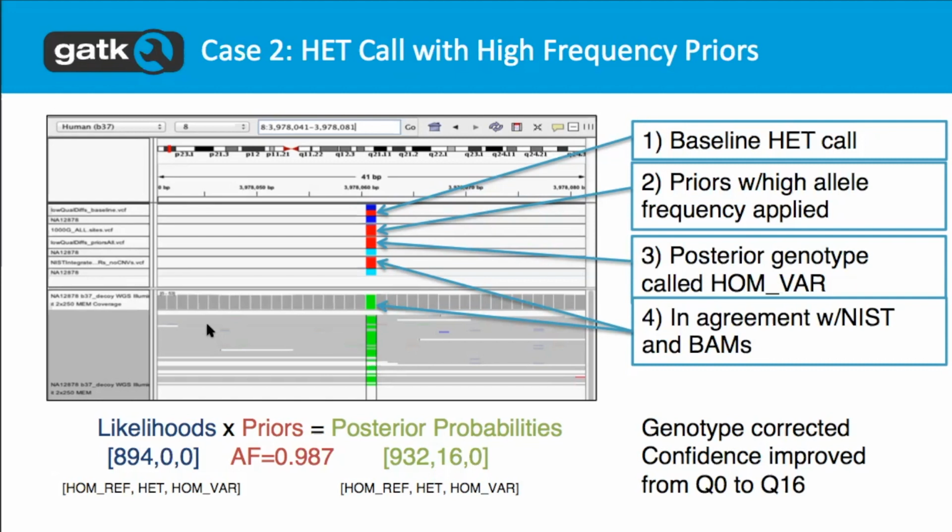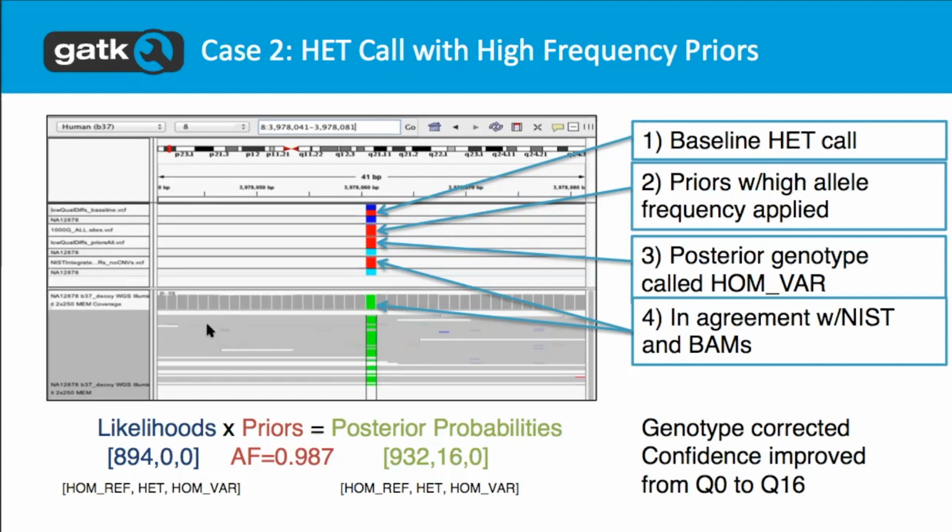So it's not at all surprising that you might have a homozygous variant individual. So we apply that reasoning and that assumption. We then correct the genotype. It is more likely that it's actually a homozygous variant case, and we reassign this confidence.